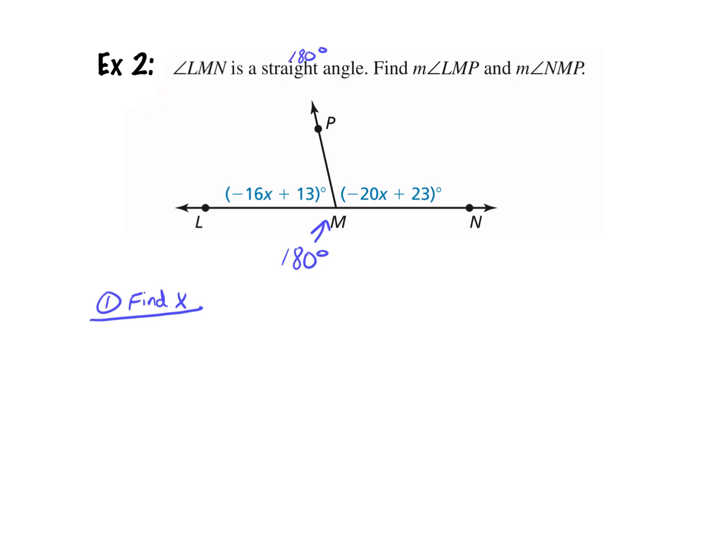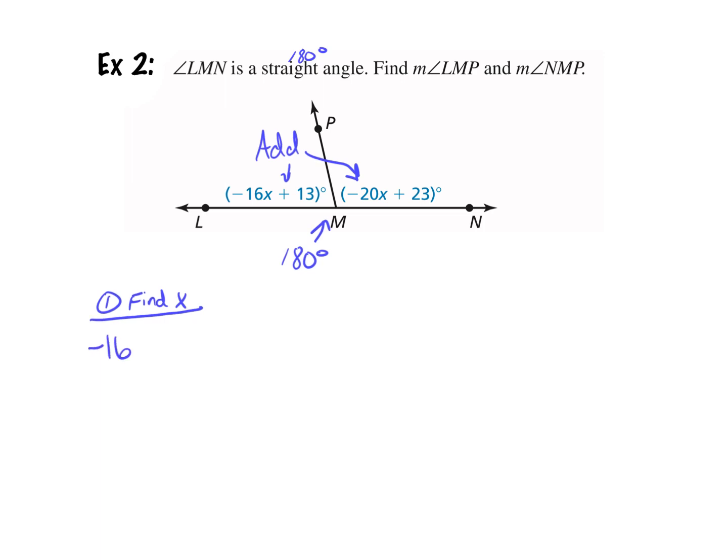And what am I going to do to these two expressions to be able to find x? Add them together and set them equal to what? 180. So I'm going to add these two, and they're going to equal 180.